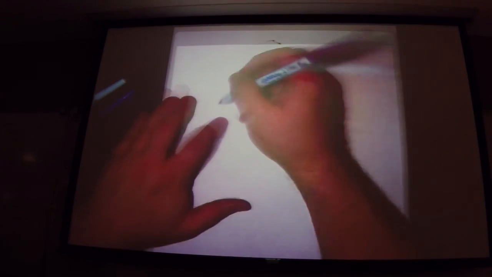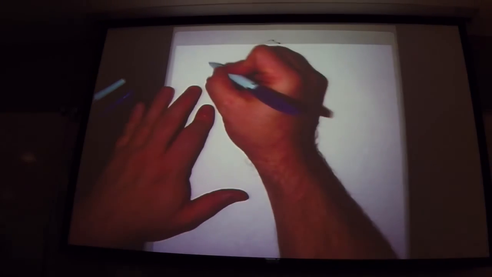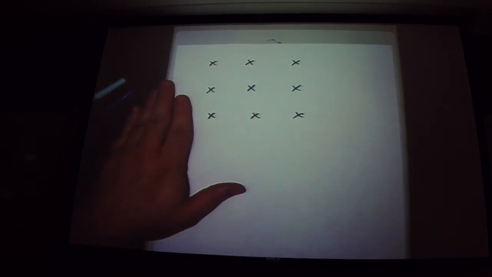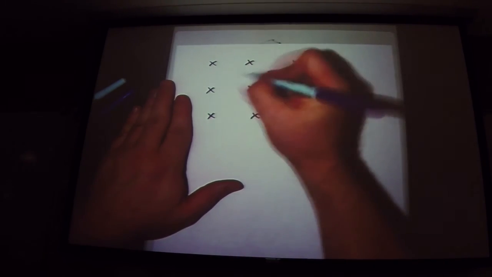All right, the last thing we're going to cover, the last part of this, is the moving piece of current in a magnetic field. So now I have a magnetic field, and I have a piece of current.